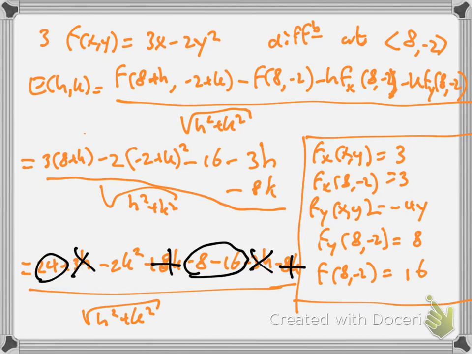Alright, so now let's continue on to the next slide. What we are left with is minus 2k squared over the square root of h squared plus k squared.